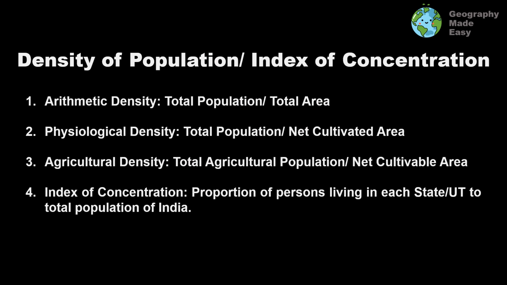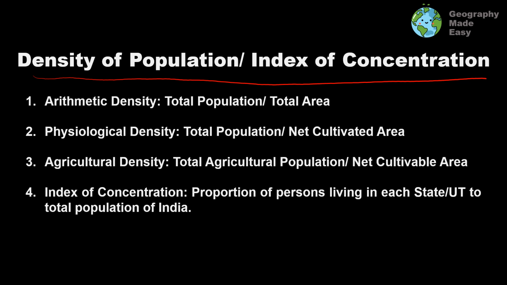Now this density of population can be calculated with the help of certain formulas. The density of population is calculated through something which is also called the index of concentration, which is the mathematical value or the statistical formula which can be used to discuss or to calculate density.